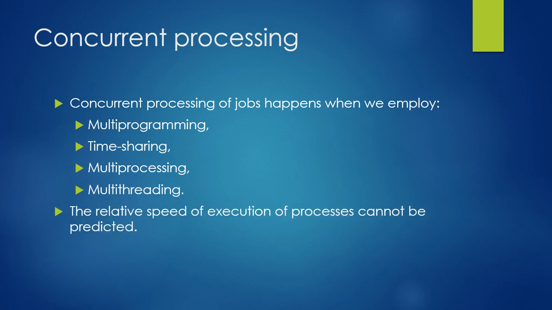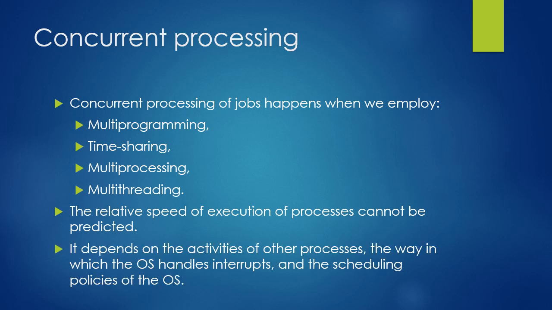The relative speed of execution of processes cannot be predicted. It depends on the activities of other processes, the way in which the OS handles interrupts, and the scheduling policies of the operating system.